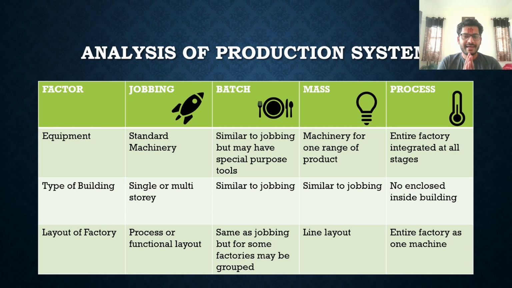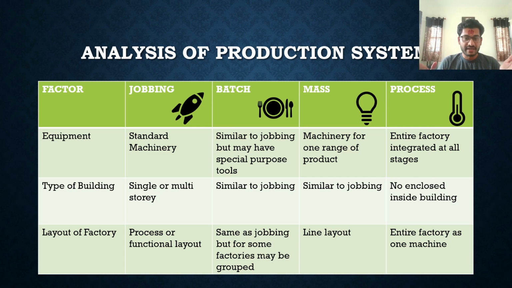For process, we have no type of building because it is enclosed inside a building. What it means is, in the process industry there are multiple buildings, which entirely act as a complete station, right? So we cannot quantify it into a type of building.